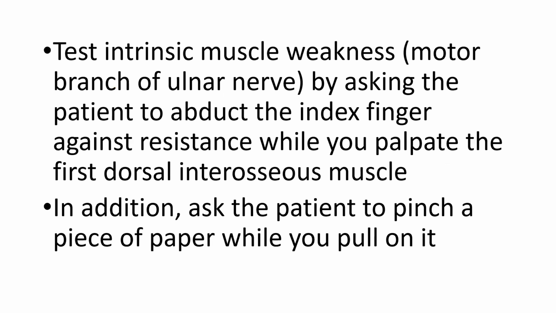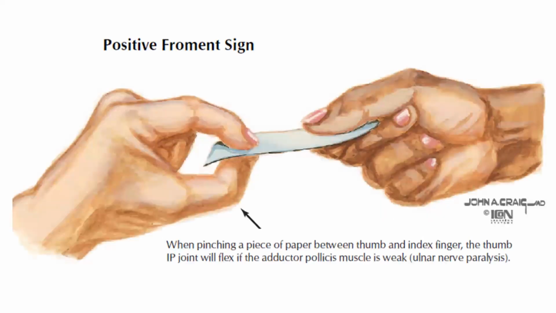Test intrinsic muscle weakness, motor branch of the ulnar nerve, by asking the patient to abduct the index finger against resistance while you palpate the first dorsal interosseous muscle. In addition, ask the patient to pinch a piece of paper while you pull on it. This shows you a positive Froment sign.